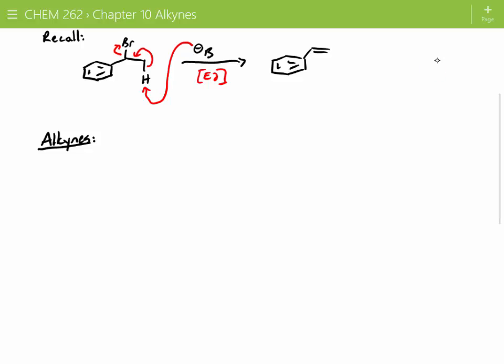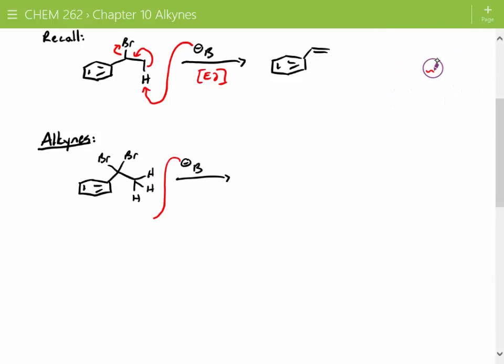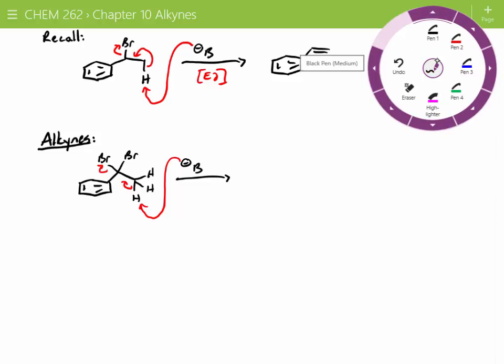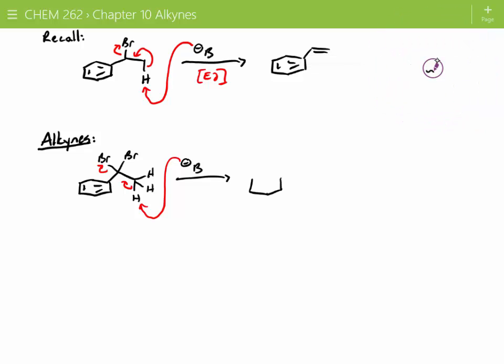With alkynes, you can imagine having two halides. I'll draw them both right here, and I'm going to draw in all of our hydrogens for right now on that terminal group. If we've got a strong base, we can grab an anticoplanar beta proton, clamp down, kick off our bromine, and when we do that, we form our alkene.